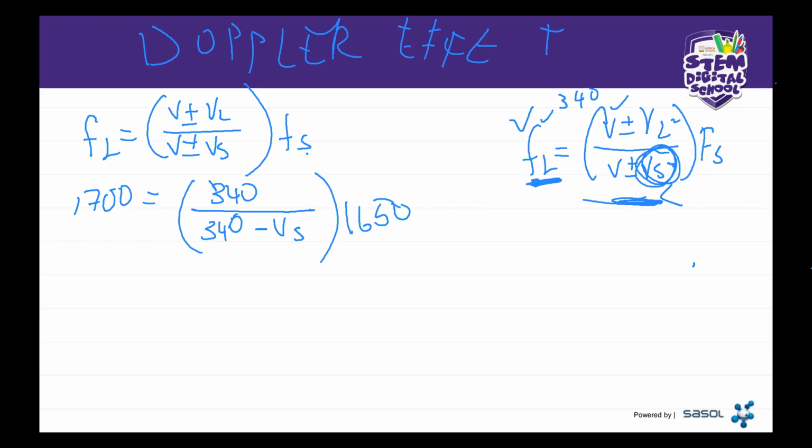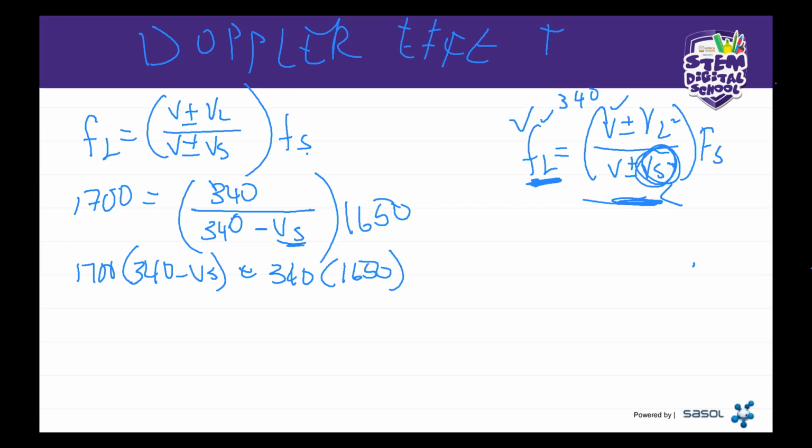Okay. So we want to substitute because we want this to be the subject of the formula. So we're going to take this and multiply it. There's going to be 1,700 times 340 minus Vs is going to give us 340 times 1,650.